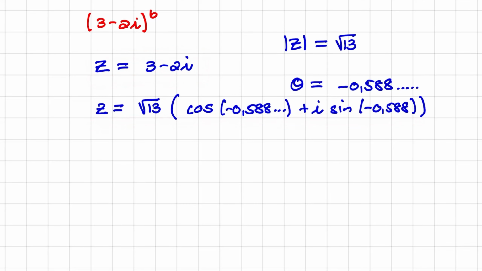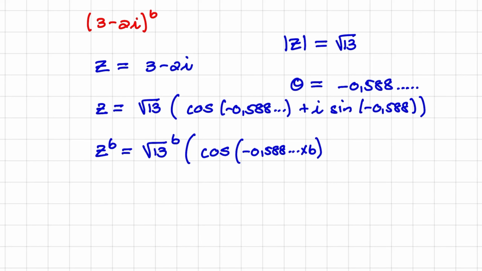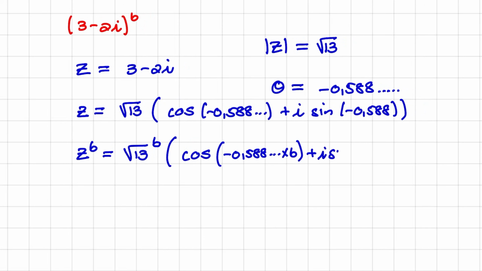Now if we apply De Moivre's theorem, we have z to the power of 6, which equals the square root of 13 raised to the power of 6, times (cos with the angle of negative 0.588 times 6, plus i sine with the angle of negative 0.588 times 6).